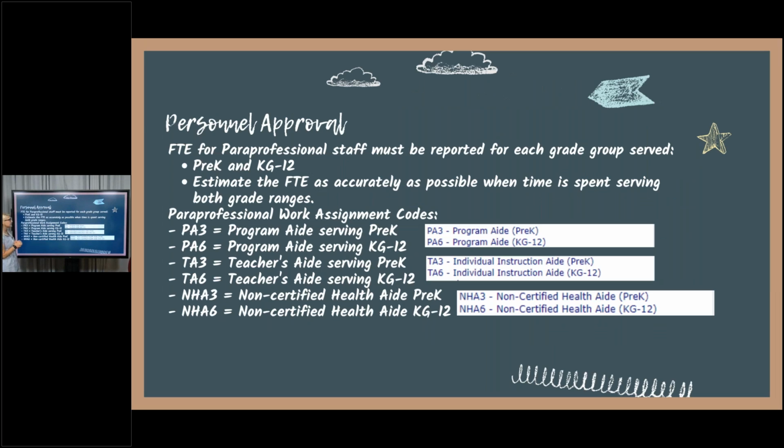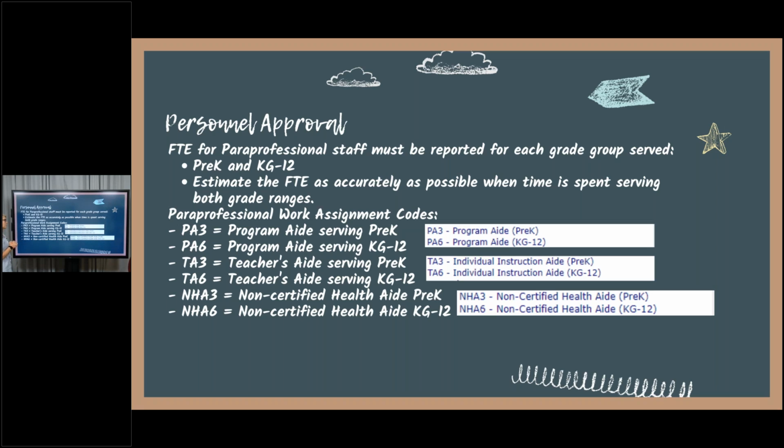As far as your paraprofessional work assignments, ISB does need to report the amount of time that is spent by the aides with the pre-K versus the K through 12 population.